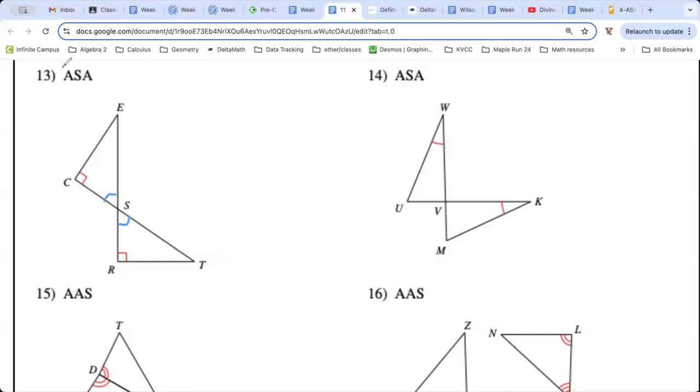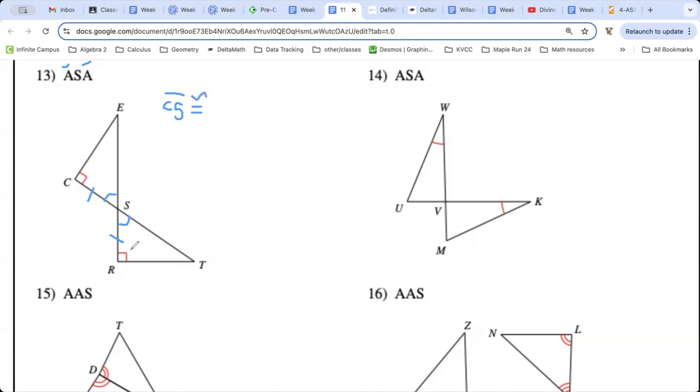So we got two pairs of angles. We need one side, right? So which side do you think we need? It's the side between those two angles, right? So if and only if those two sides are congruent, then it will work out, okay? So if the line segment C to S, that's C and S, not C5, okay?